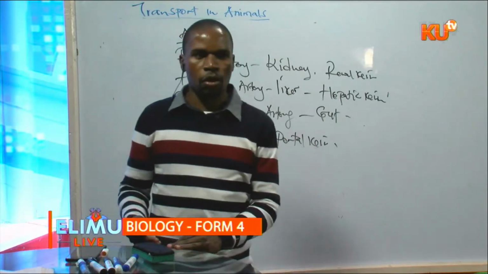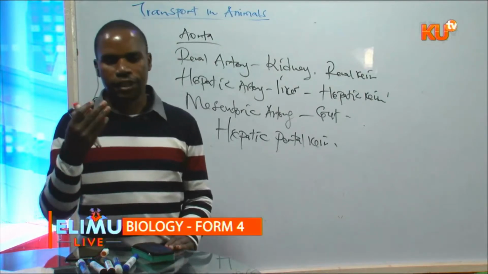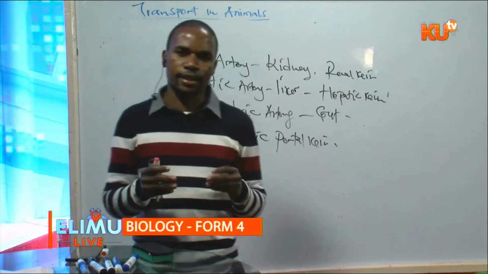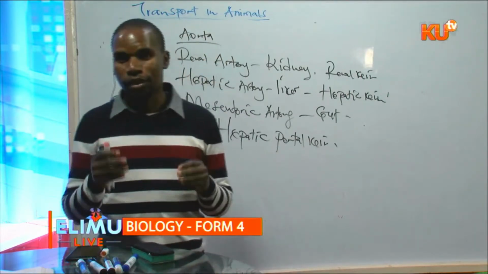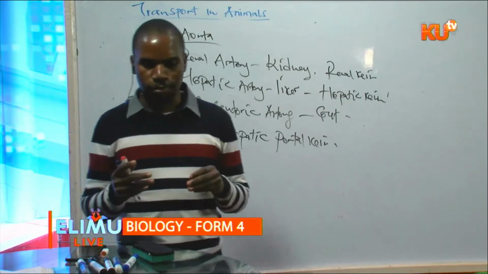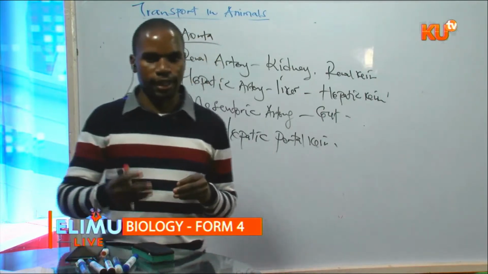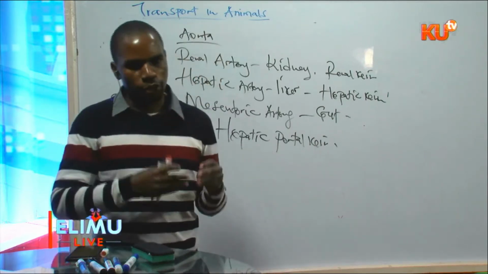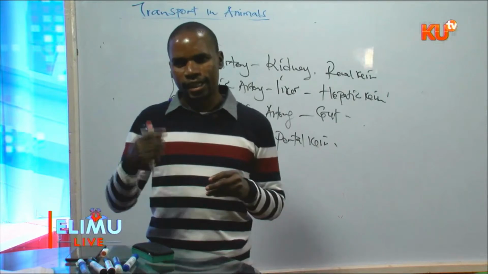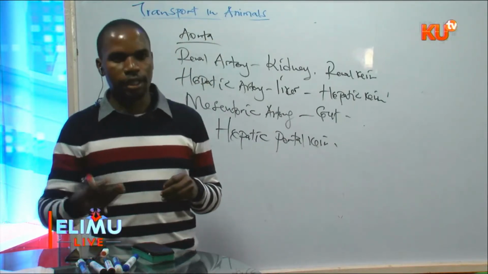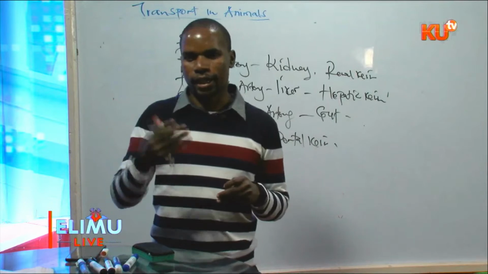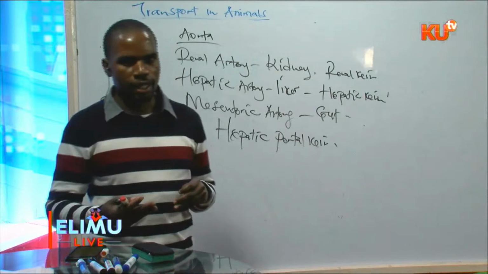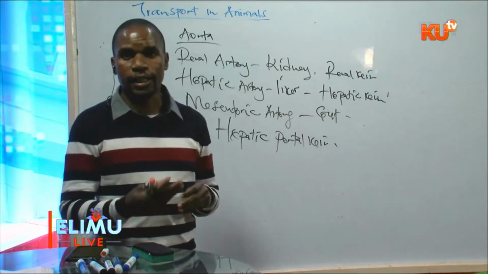However, when the ventricular muscles are contracting, there is increased pressure within the ventricle, so blood is pumped from the ventricles, for instance from the left ventricle into the aorta. During that period, there is increased pressure within the left ventricle, so blood is pumped outside that ventricle because of that increased pressure.